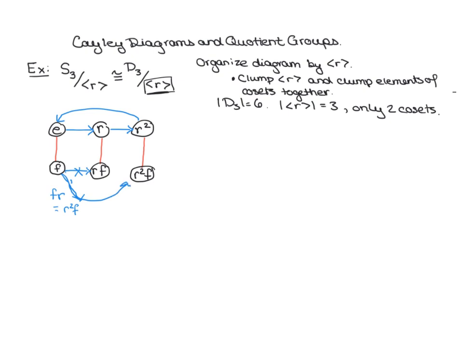And since I'm trying to organize my diagram by R, I'm going to want to line these up more nicely. That is, I'm going to line up my cosets a little bit more nicely according to R. Now this is getting maybe a little bit into the weeds. In this case, it doesn't really matter that much exactly how I'm lining it up, but in some cases it can matter. So I'm going to really pay attention to lining everything up according to R first, instead of just going according to those flips.